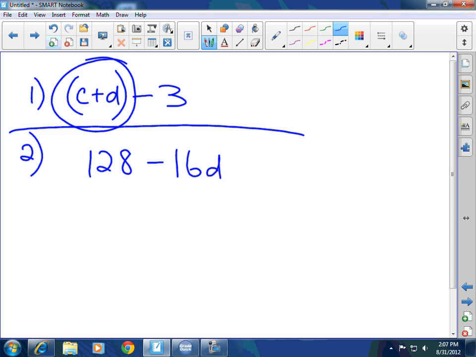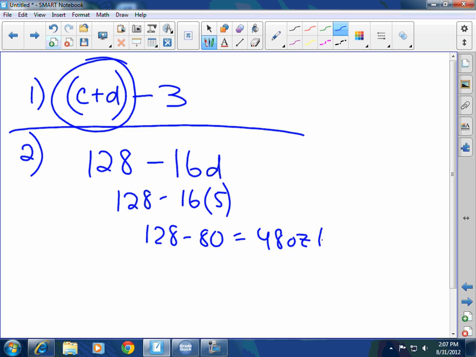Every day you're taking away 16 ounces. So that's the way it would go. For example, 128 minus 16 after 5 days. Well, 5 times 16 is 80. So it would be 128 minus 80, which would be 48 ounces left over.